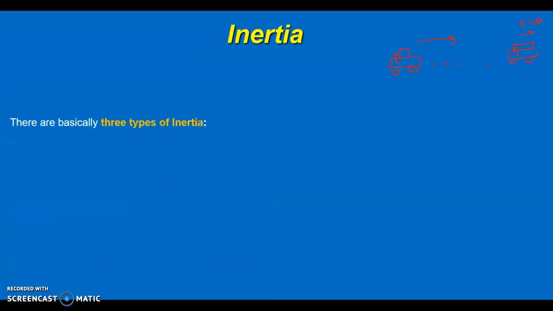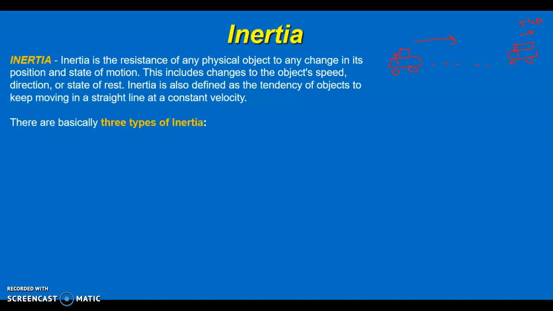Concept of inertia. There are basically three types of inertia, but what's the concept of inertia? Inertia is the resistance of any physical object to any change in its position and state of motion. This includes changes to the object's speed, direction, state of rest.